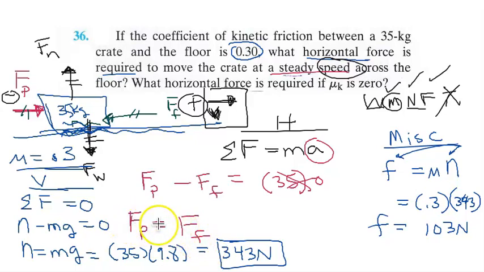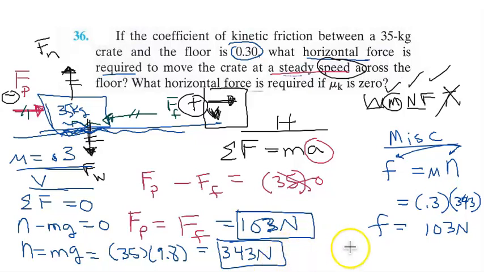So the force of the person has to equal the force of friction, which is 103 newtons. Okay, it's a little bit tricky. It's a little bit convoluted. I think it's an easier to understand problem when they say, you know, find friction, and the person isn't the same.